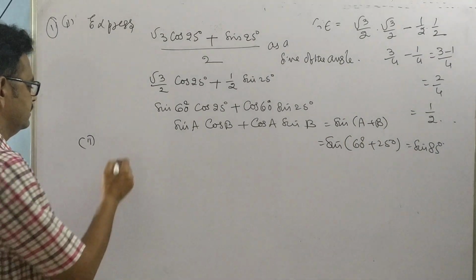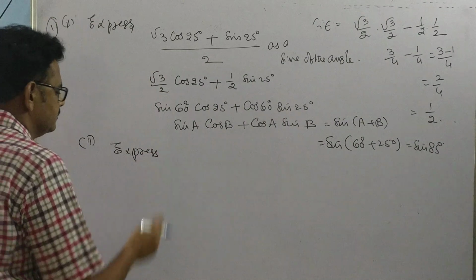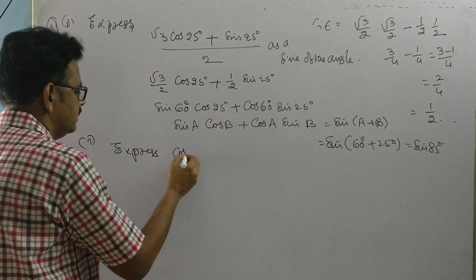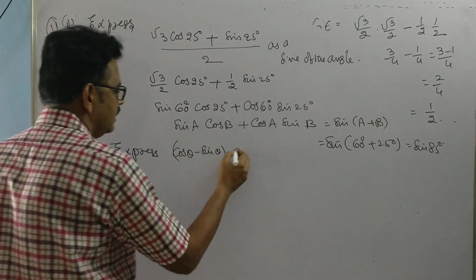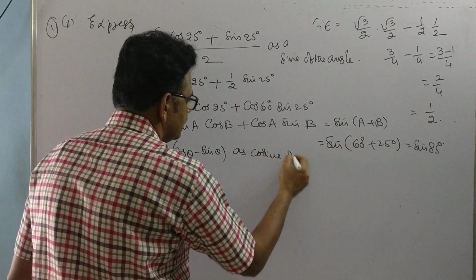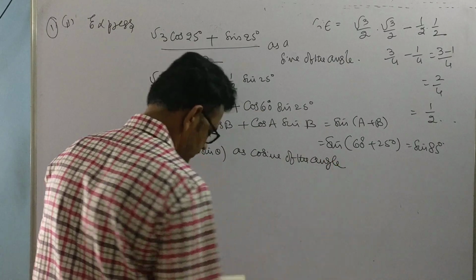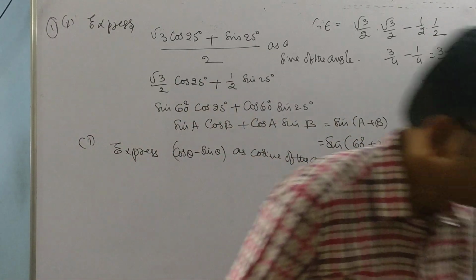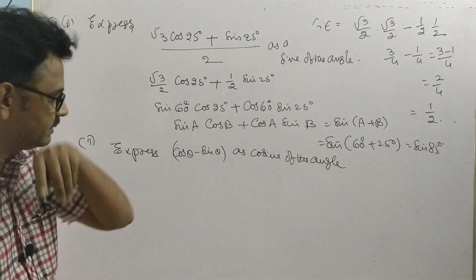Next one, express cos theta minus sin theta as cosine, that is, cos of the angle, in terms of cos.